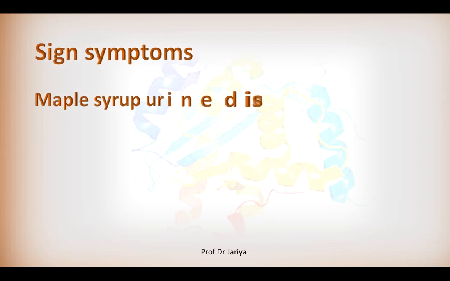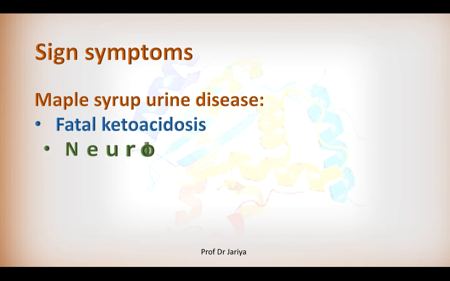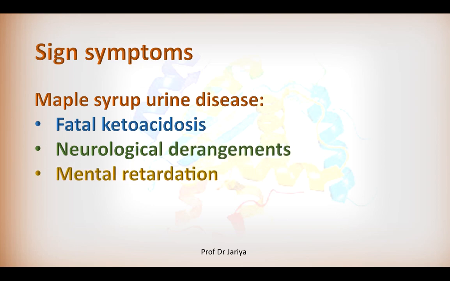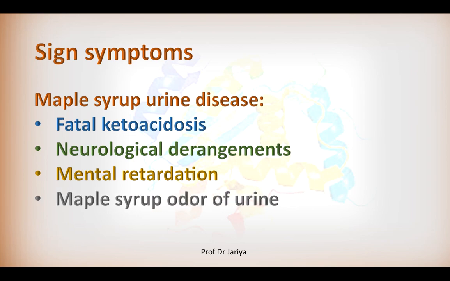Signs and symptoms include fatal ketoacidosis, neurological derangements, intellectual disability, mental retardation, and maple syrup odor of the urine.